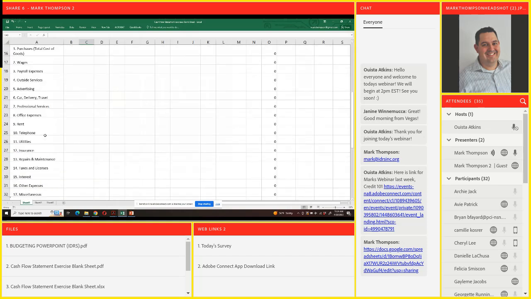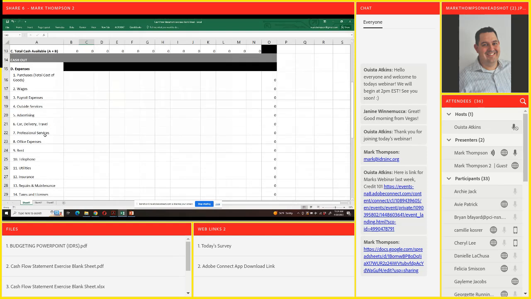Okay, so that's what's coming in to our business or our family. What's going out is this cash out. Here we have different things like purchases, which is like inventory. If we have a retail business, we're going to be buying inventory to sell it. We have things like wages, payroll expenses, things that we have to pay to have people employed, cars, rent, telephone, utilities, all that kind of stuff.